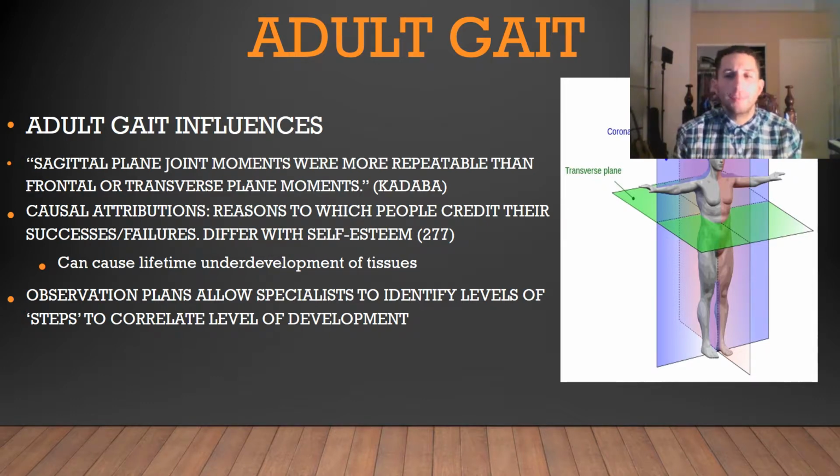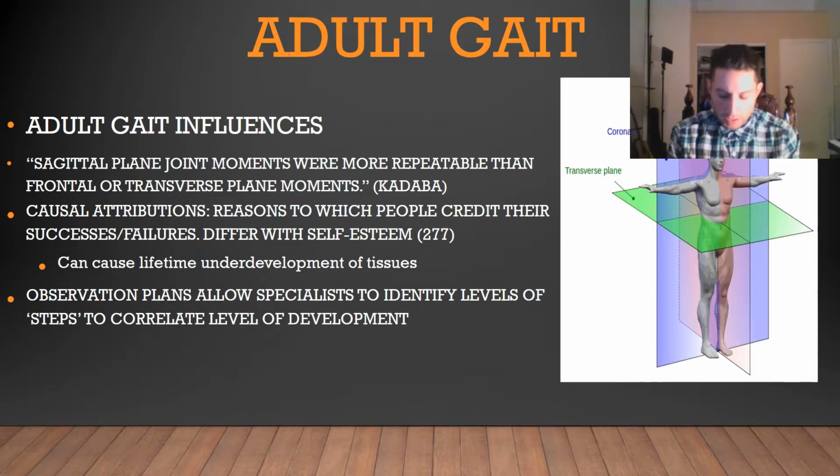Now what that means is that overall, the more times gait was analyzed by observation plans, they noticed that more often than not, the most repeated motion throughout various different types of studies was the sagittal, which is essentially like leg extension or flexion, and it had the least amount of variables, if you will. So the most repeatable behavior was consistent in the sagittal plane.